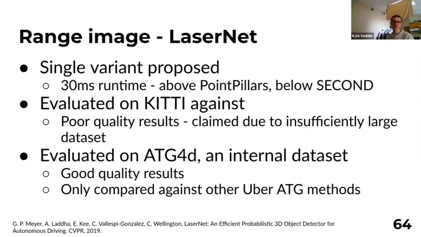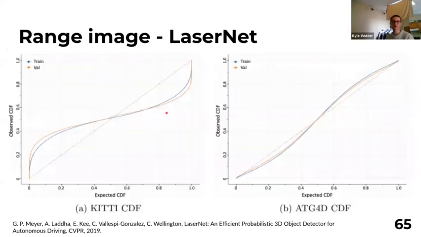So in order to back up their claim that KITTI was not sufficient to train their network fully, they built a CDF distribution of essentially what the network was estimating in terms of confidence or variance on the corners of the boxes relative to what it actually ought to have. And what they can see here is that KITTI is overconfident in areas where it should be low confident, and underconfident in areas it should be higher confident, right?